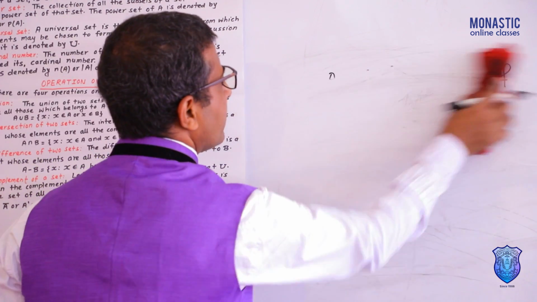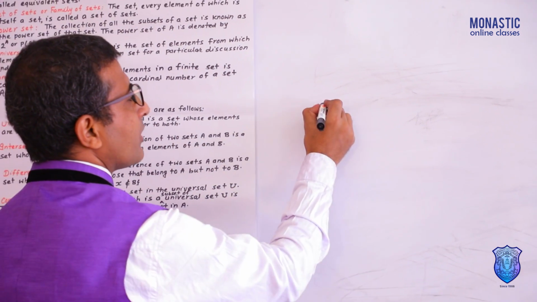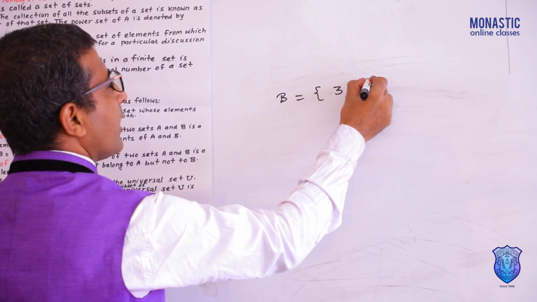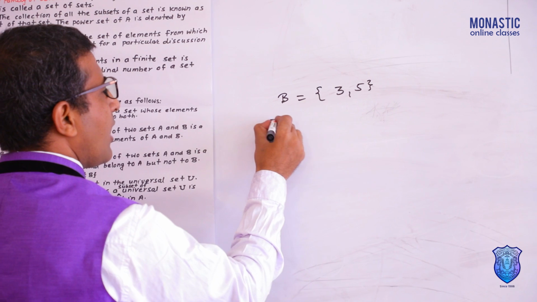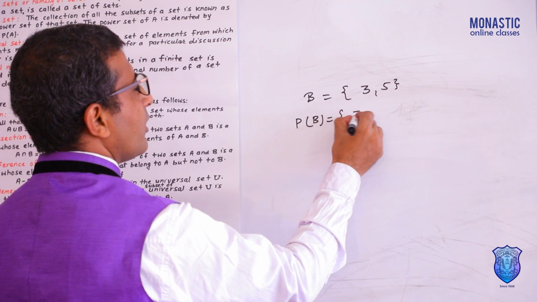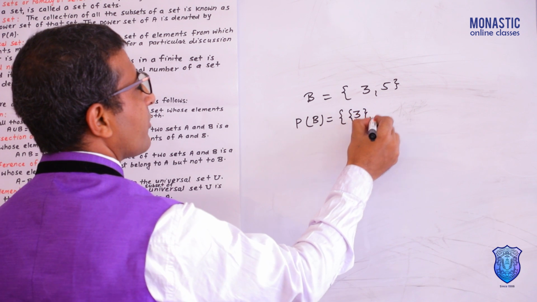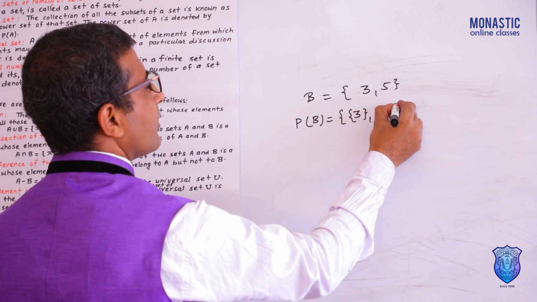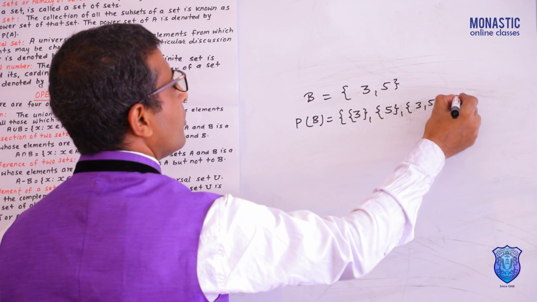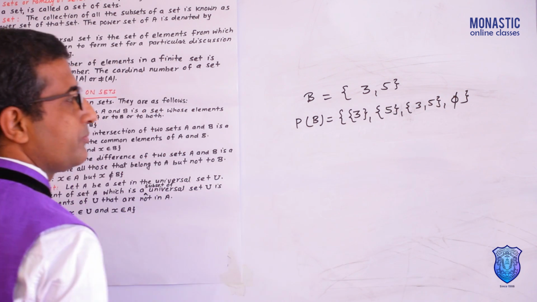When we have to write the subsets, if there are two elements like 3 and 5, what will be the power set? That is all the subsets of set B. First will be {3}, then {5}, then {3, 5}, and you know one must be the null set.